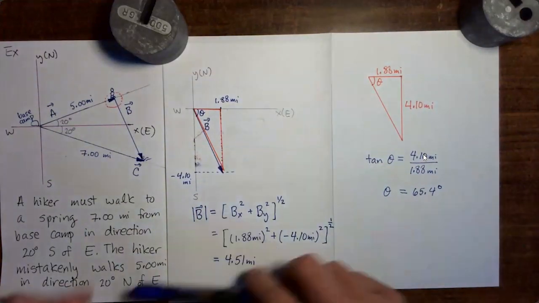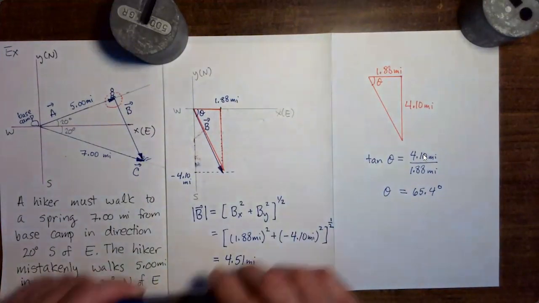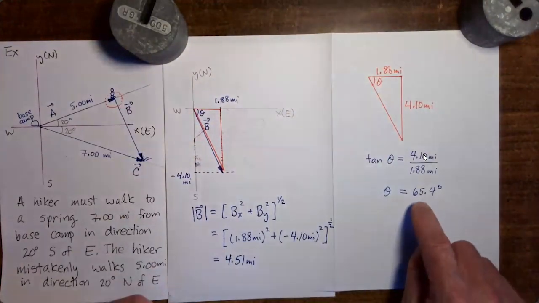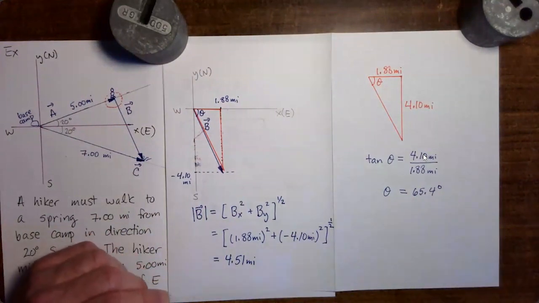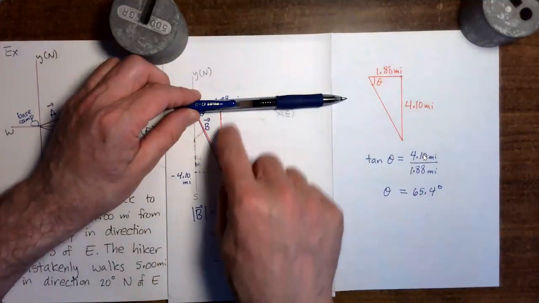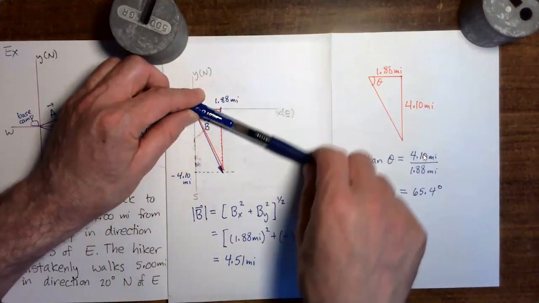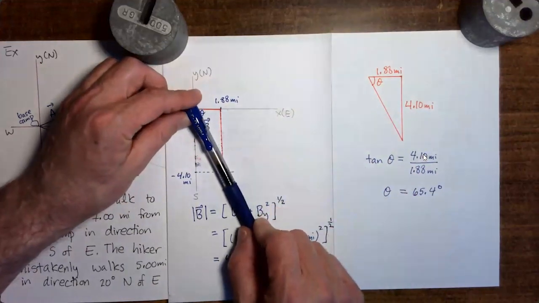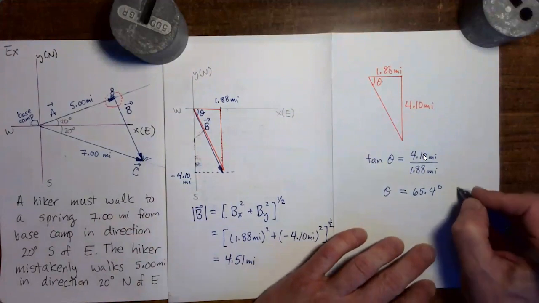Okay, so this direction that the hiker went in for his second displacement, we would say this is 65.4 degrees south of east, right? So to face into this direction, the hiker would start out facing east and then turn 65.4 degrees to the south. So this would be 65.4 degrees south of east.